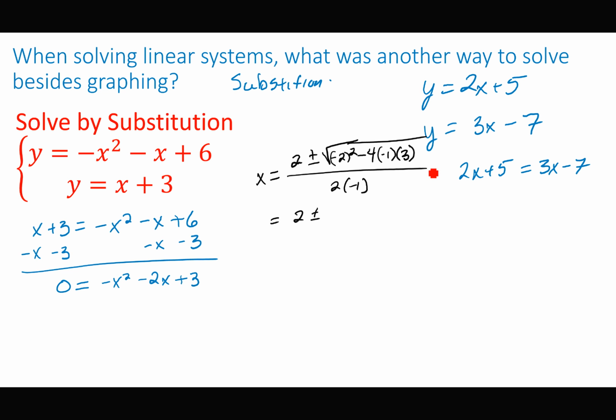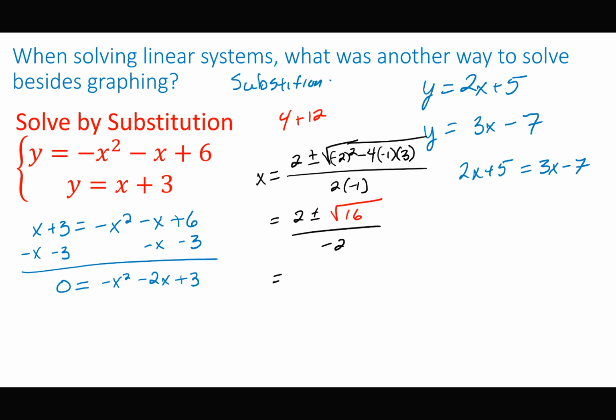All right, let's do this discriminant first piece. Let's clean up what's under that radical symbol. So negative 2 squared is 4, minus 4 times negative 1. So negative 4 times negative 1 would be a positive 4, times 3 would be a positive 12. So under my square root symbol here, I actually have 16, all divided by -2.